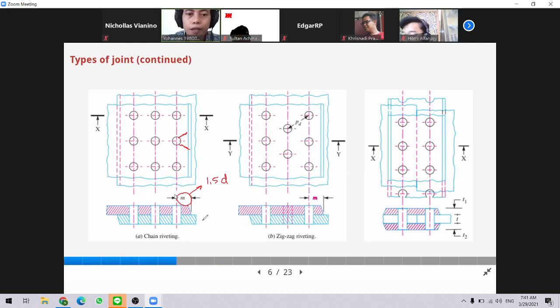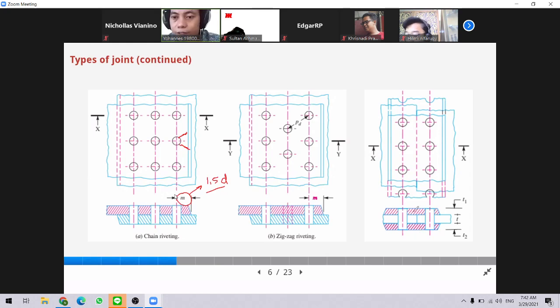So that's why M here is an important consideration in the design of a rivet joint. And in the standard, it is described that this minimum distance M is 1.5 times the diameter of the rivet. Okay.